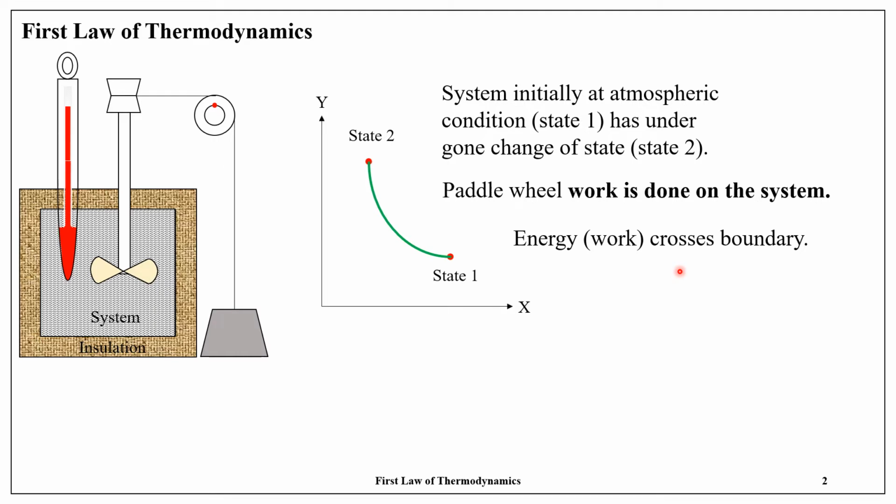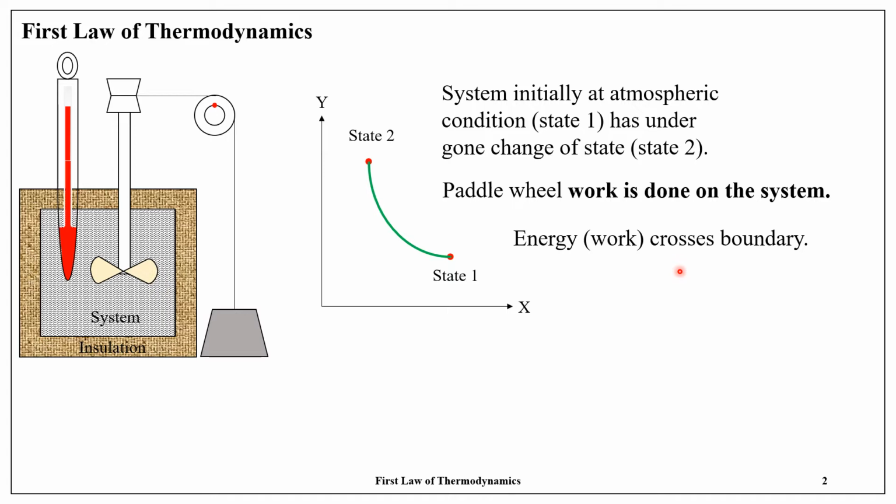Remember, we discussed earlier, heat and work are the forms of energies that cross the system boundary. In our example, due to this paddle wheel work, energy in the form of work crosses the boundary.